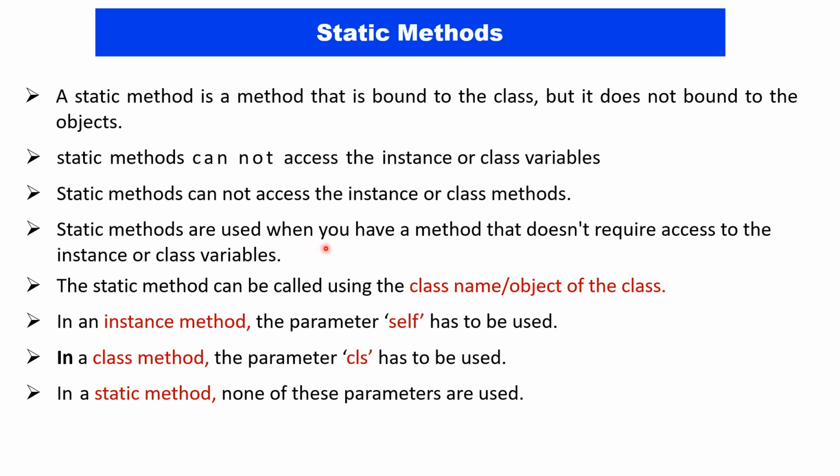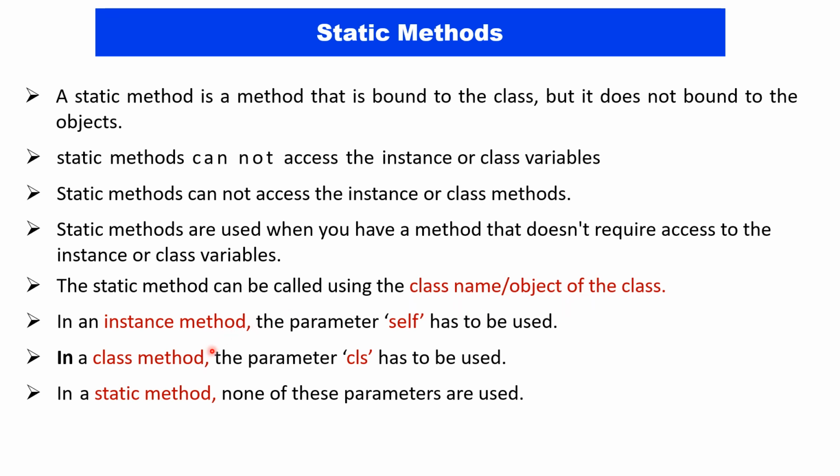Static methods are used when we have a method that does not require any access to the class or instance attributes. And generally, static methods can be called using the class name or the object name of the class.